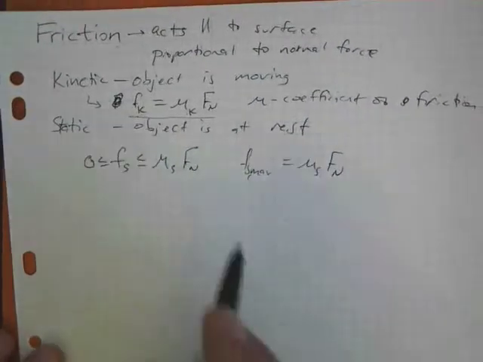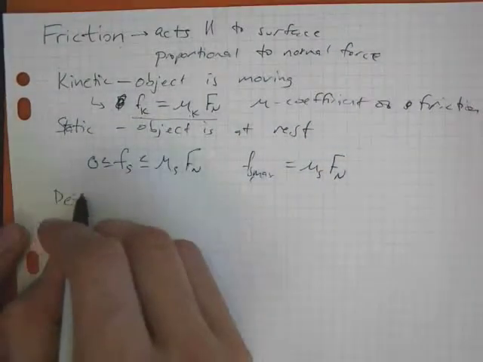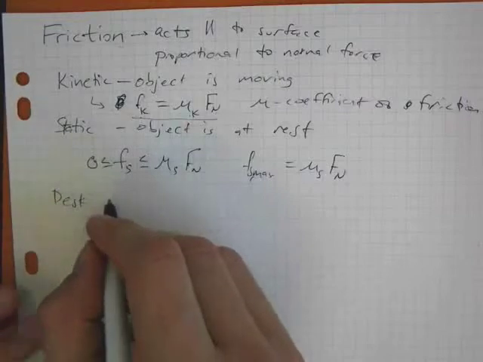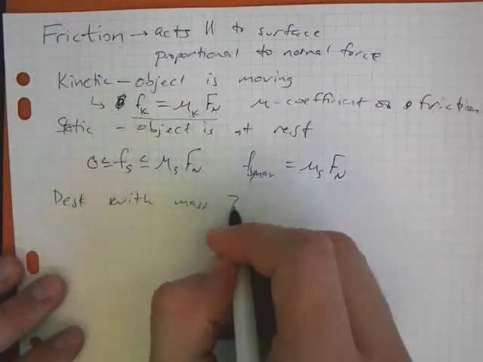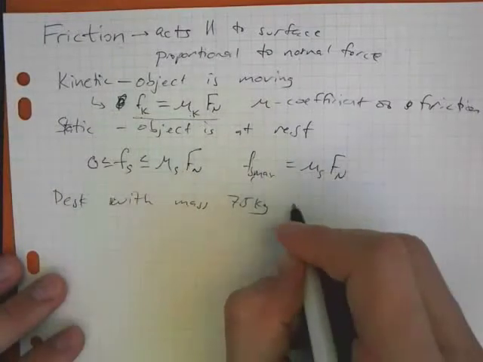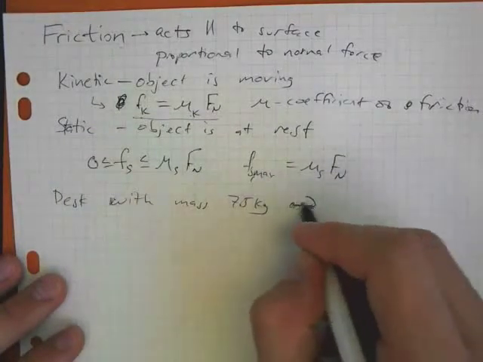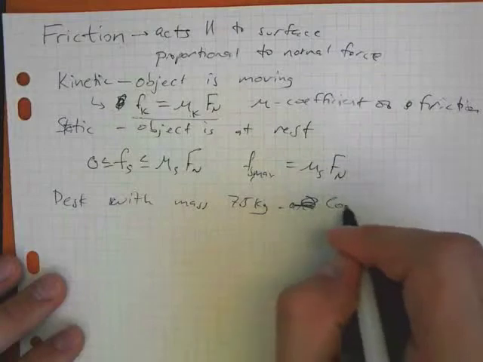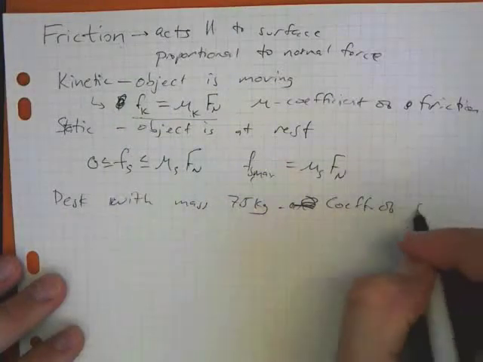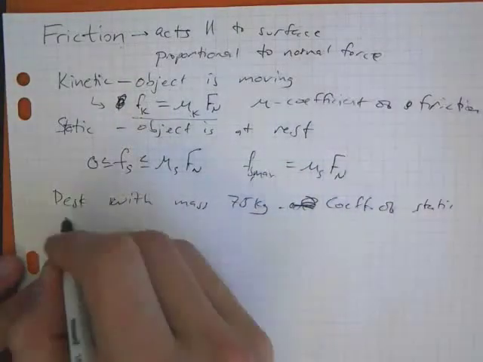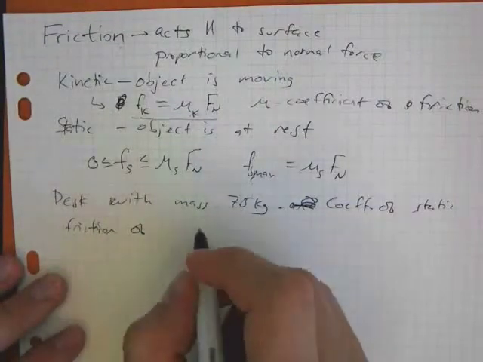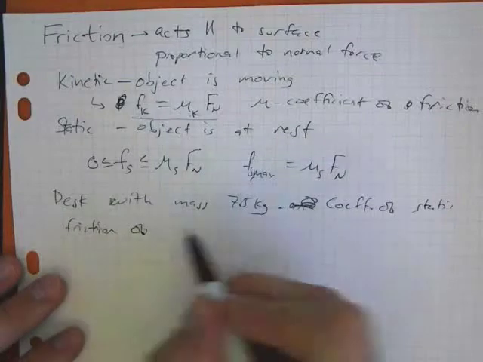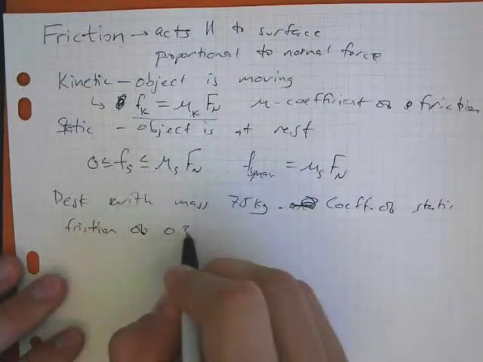For example, let's say we have a desk with mass 75 kilograms resting on the floor. We have a coefficient of static friction of, I don't know, let's say 0.35.